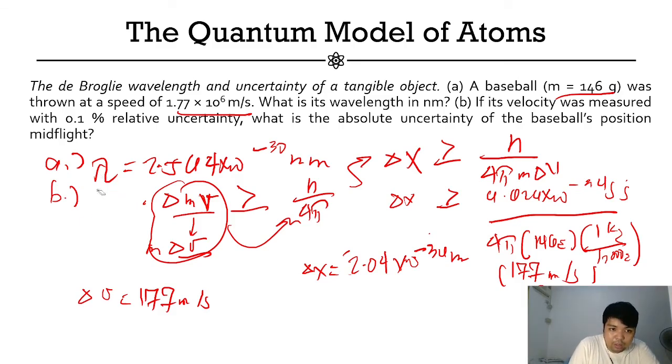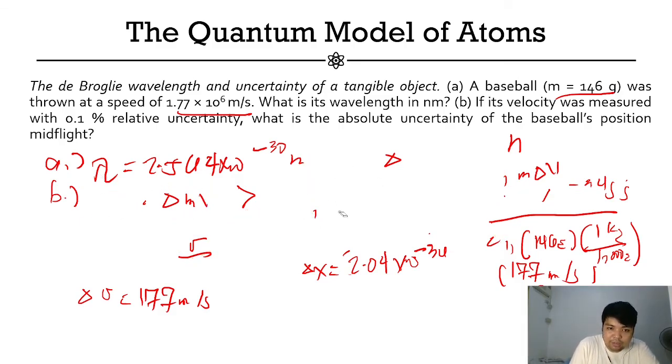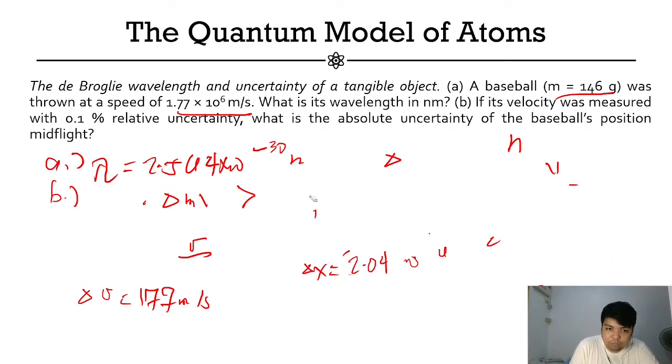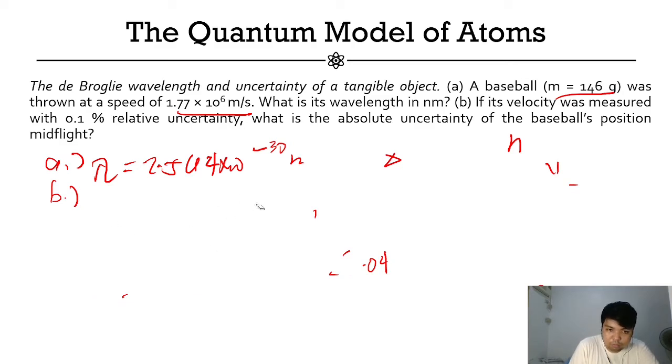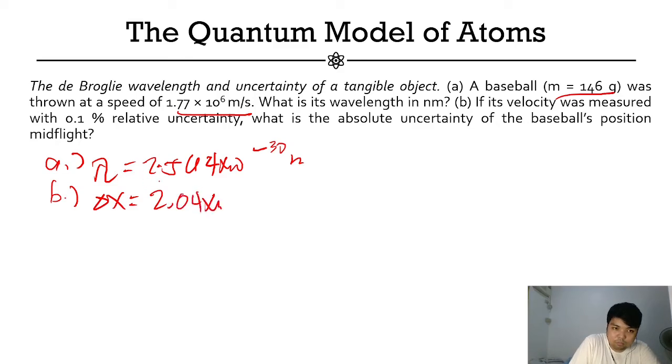So let's delete that one, and we put our values here. So these values are really, really small in comparison to a baseball.